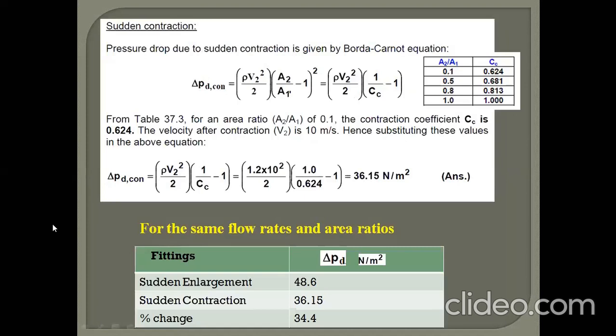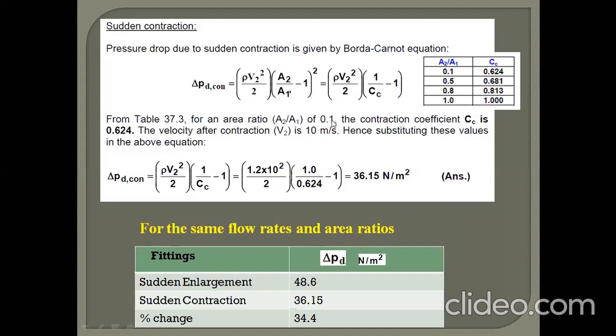For sudden contraction, the pressure drop using the Borda-Carnot equation is delta PD contraction equals rho v square by 2 into (A2 by A1 minus 1) square, which is replaced with the factor (1 by Cc minus 1). From this table you can obtain the value of Cc, as I already told you, if you know the area ratio.